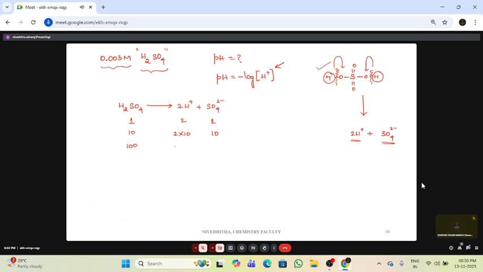That's it, 200. 2 into 100. So this 2 into the number of molecules. Okay, and how many SO4 2 minus ions? I'm dissolving 100 sulfuric acid molecules. One sulfuric acid will give one SO4 2 minus ion. So 100 sulfuric acid molecules will give 100 SO4 2 minus ions. That's it.